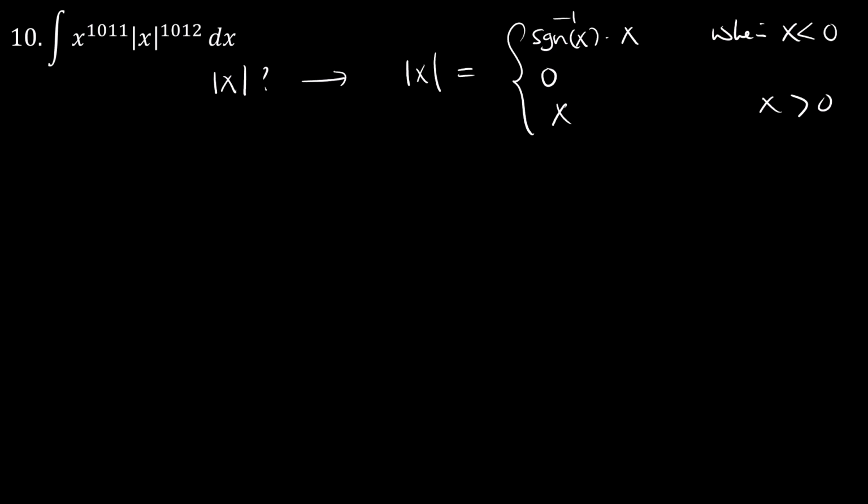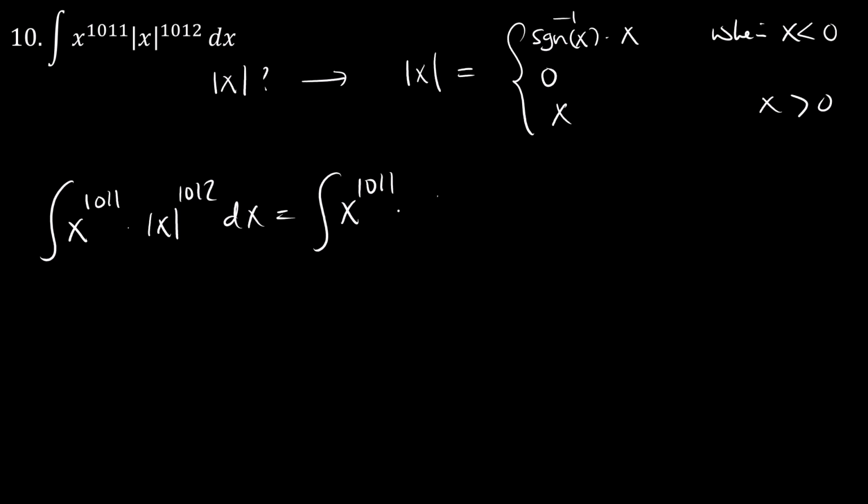So in other words, our integral of x to the power 1011 times absolute value of x to the power 1012 is the same as the sign of x to the power 1012. So it's obvious that if it's negative, since this is an even power, this is just going to be positive.